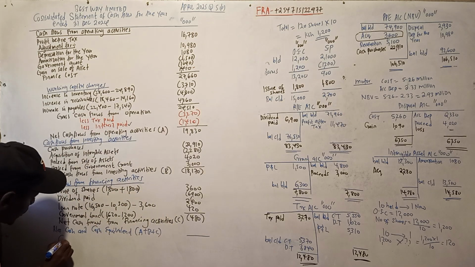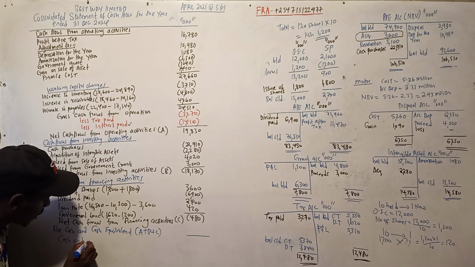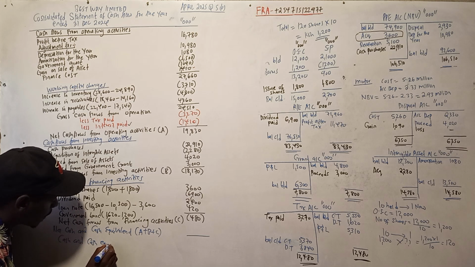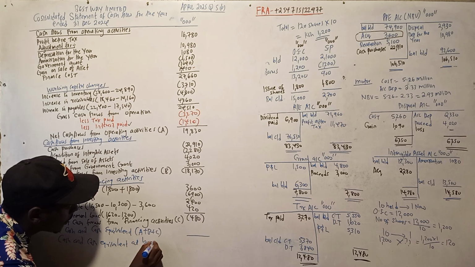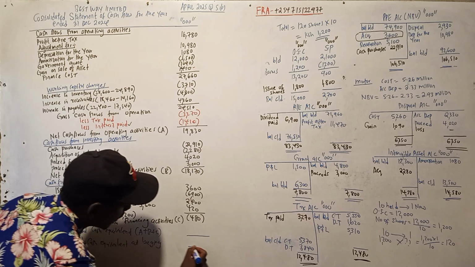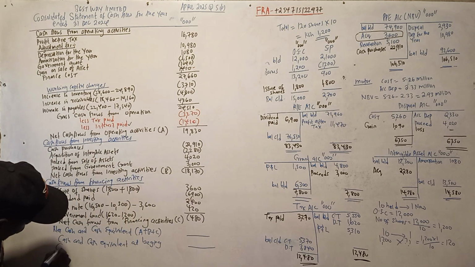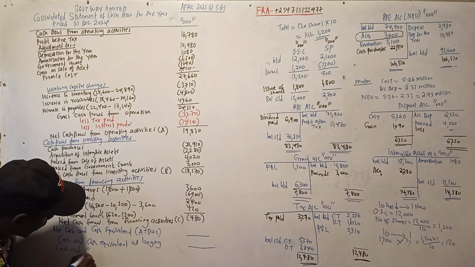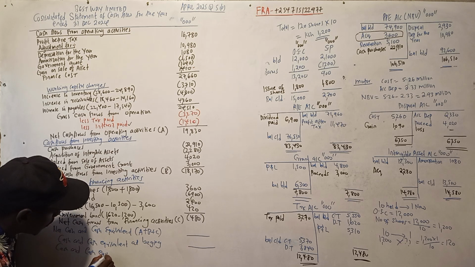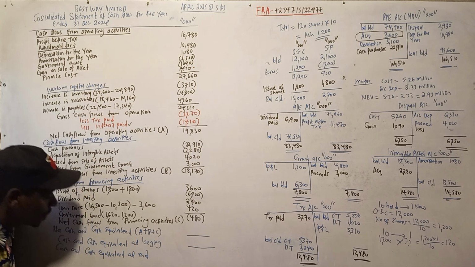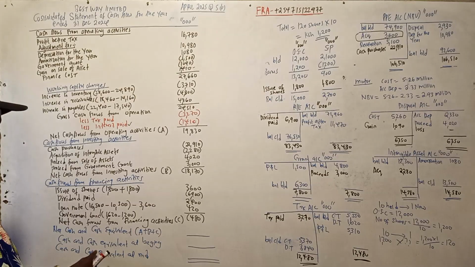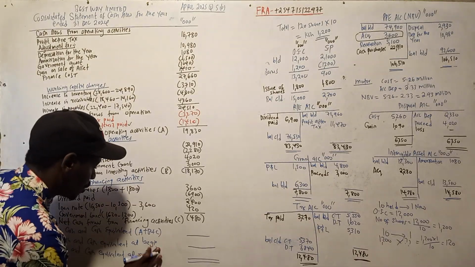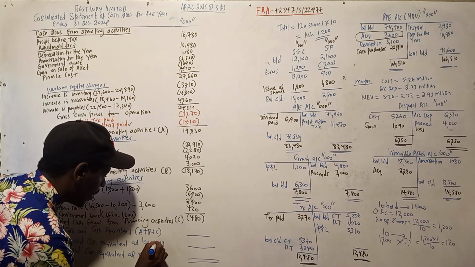Then cash and cash equivalent at the beginning, then cash and cash equivalent at the end. Cash and cash equivalent at the beginning, you check it in the balance sheet.